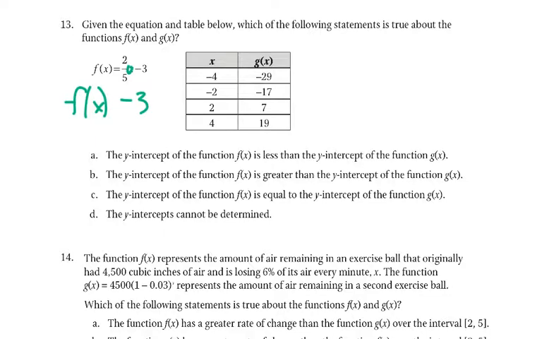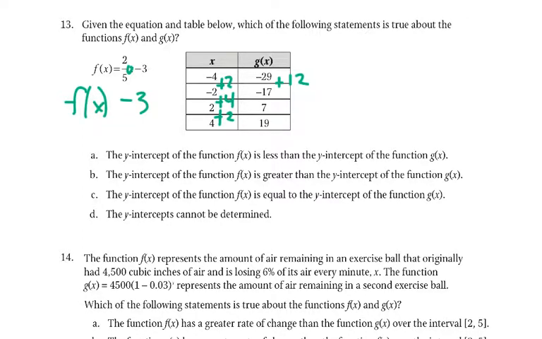G of x, okay, we go negative 4 to negative 2, so that's plus 2, then plus 4, then plus 2. Well, as we add 2, negative 29 to negative 17, we are adding 12, right? Negative 17 to 7.